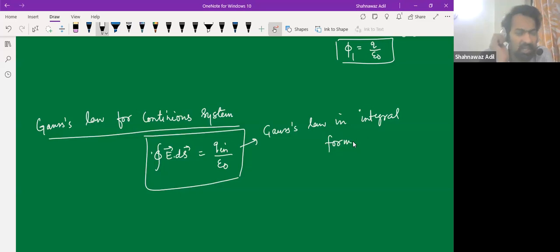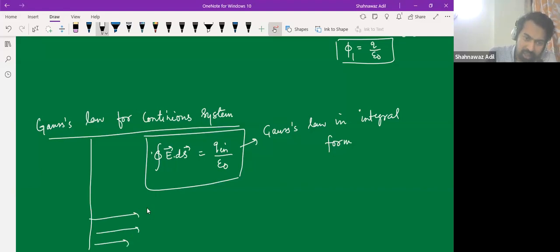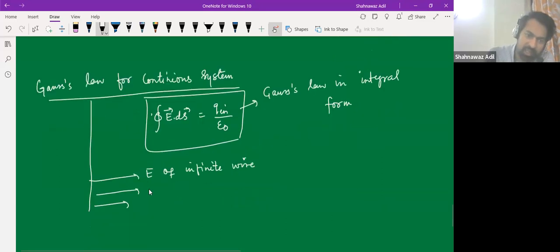The important ones I will talk about later. Using this, we used to calculate the electric field of an infinite wire. We also calculate the electric field of an infinite sheet, and the electric field of a hollow sphere.